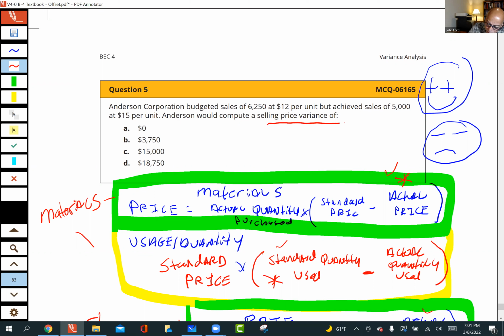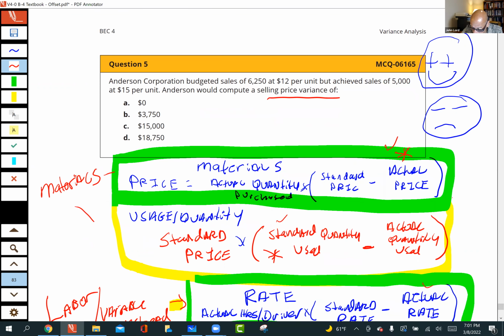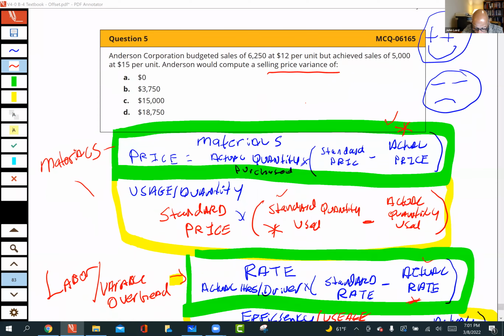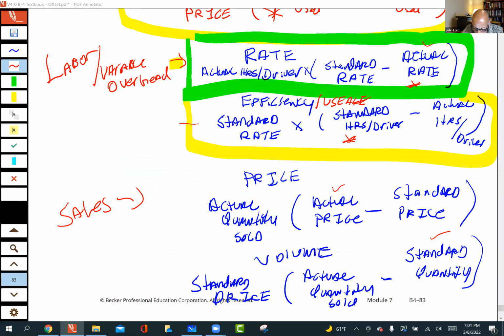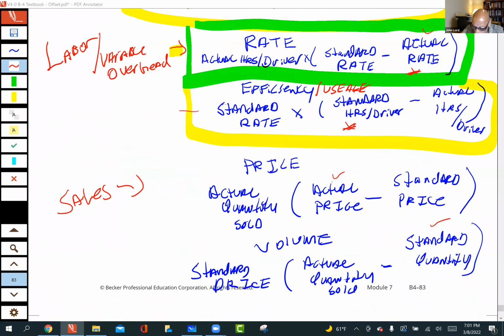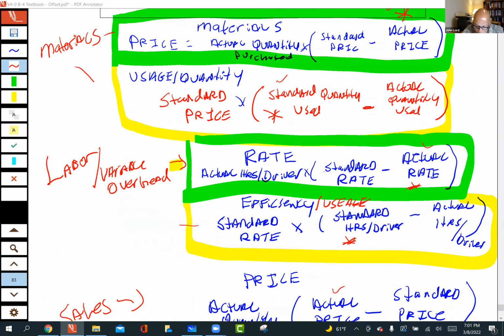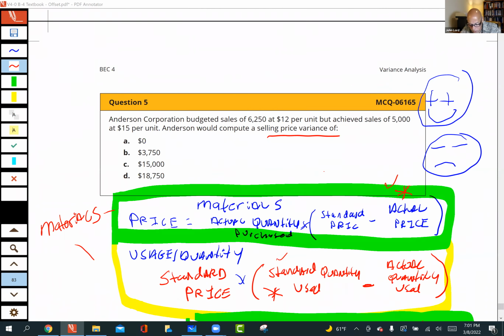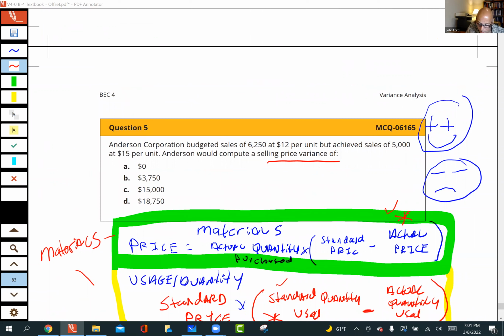Looking at our formula down here for sales price, it's actual price minus standard price times the actual quantity sold. So the actual quantity sold is 5,000.